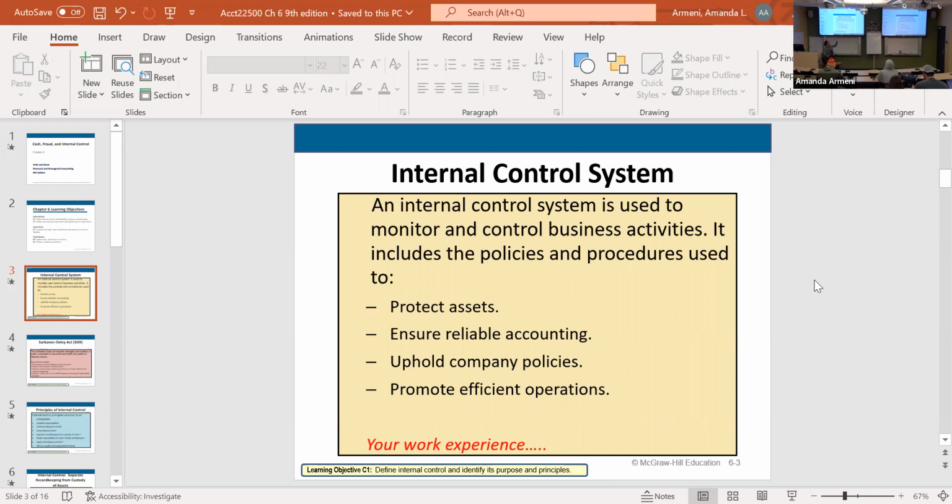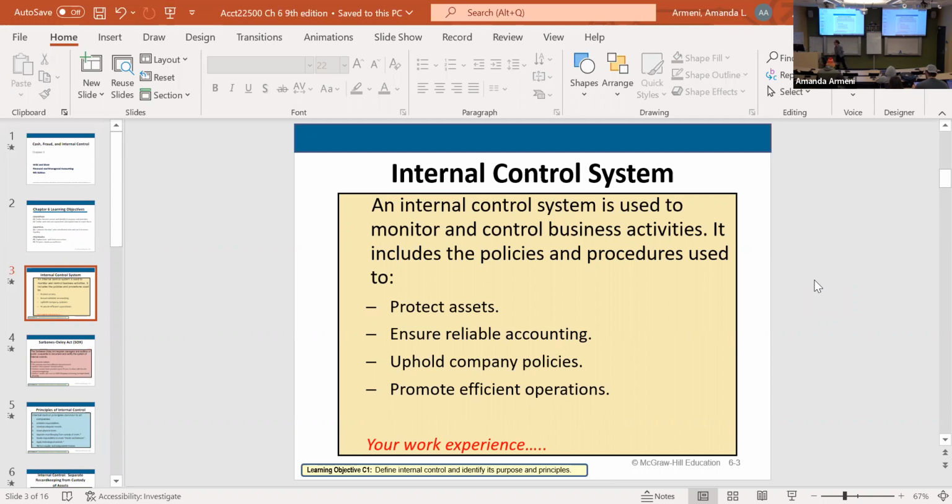The internal control system, by doing that, is protecting the company's assets, right? If we make sure that nothing goes wrong on a day-to-day basis, as we are receiving cash from customers, as we are paying cash to our vendors and suppliers, as we are receiving inventory into our warehouses when we buy it, right? If we have internal controls set up to make sure that that all goes the way that it's supposed to, then what we're doing is protecting our assets.